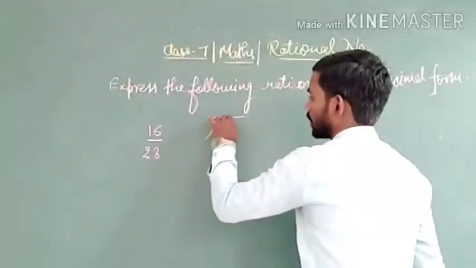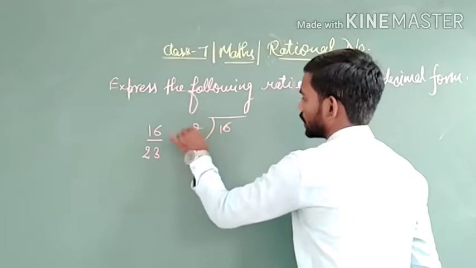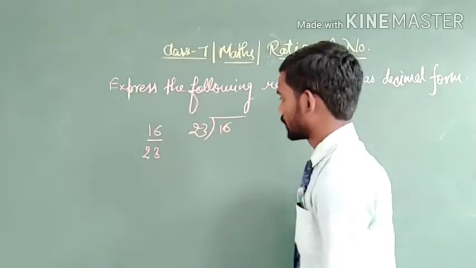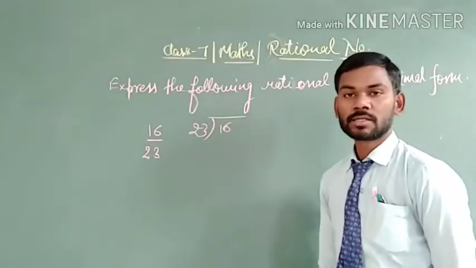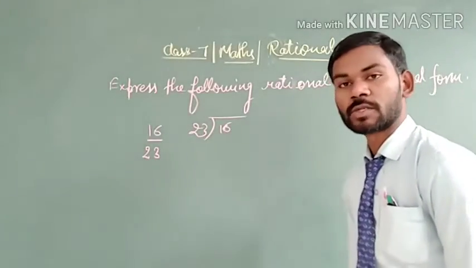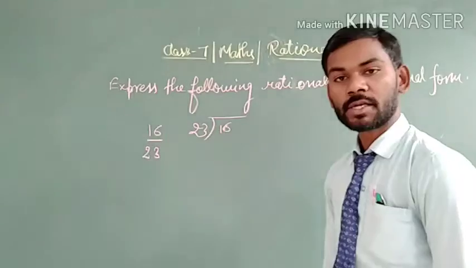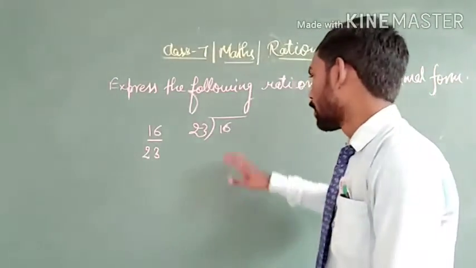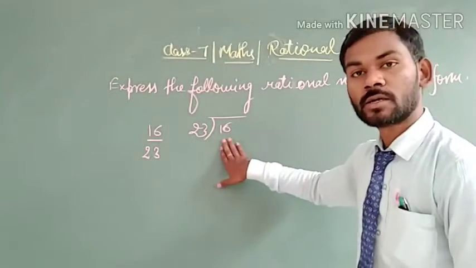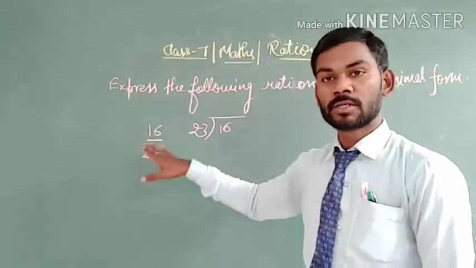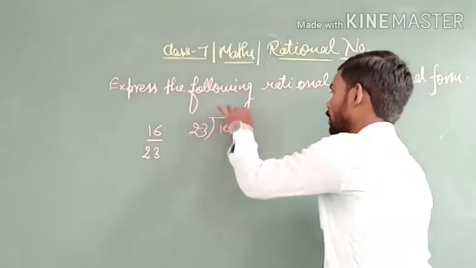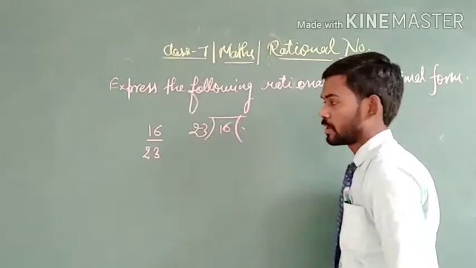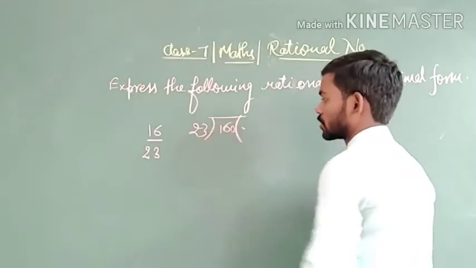16 is divided by 23. Since the dividend is less than the divisor, the division is not possible. To make it possible, first of all, we have to make this dividend greater than the divisor. For this, we put a decimal point and increase a 0.